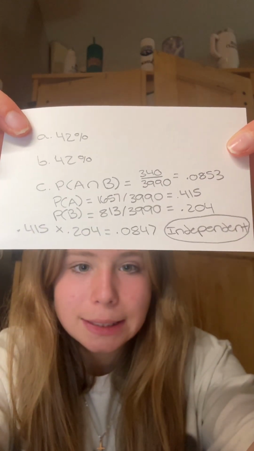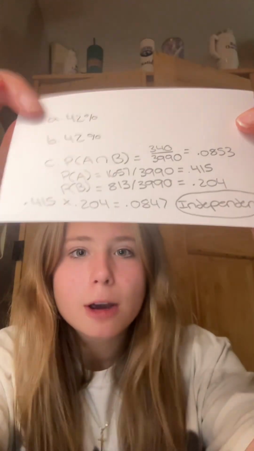0.0853. Then you're going to individually find the probability of A and the probability of B. In this case, it's choose a man and choose a master's degree recipient. So for choose a man, you're going to go back and do the 1657 divided by 3990, and that's 0.415, as we saw earlier.